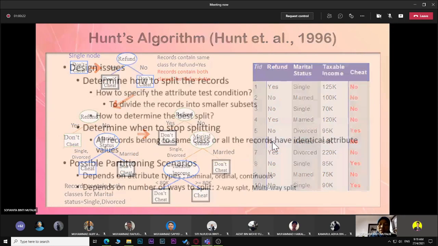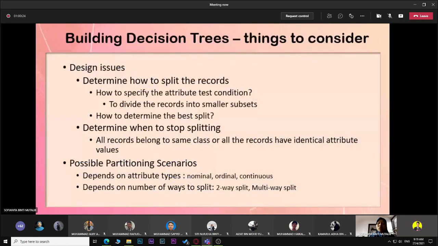So that will be the concept of constructing a tree by looking at the class level and determining the best attributes as splitting attributes. Look at the value of the attributes and split the data.